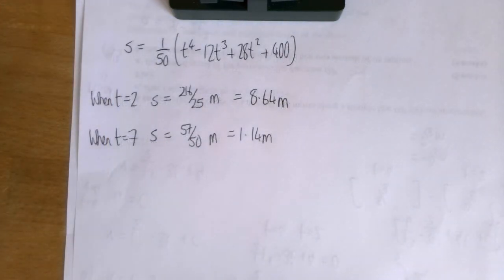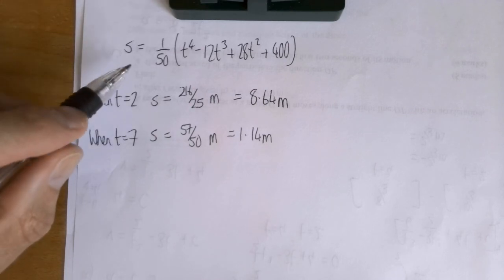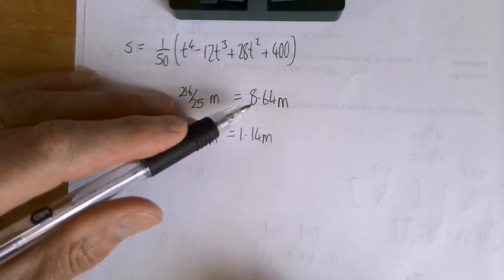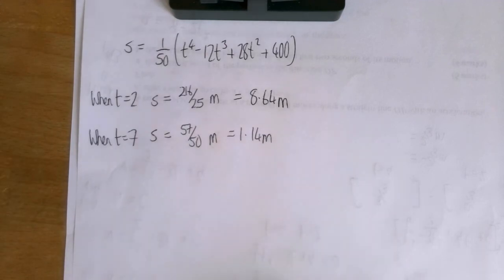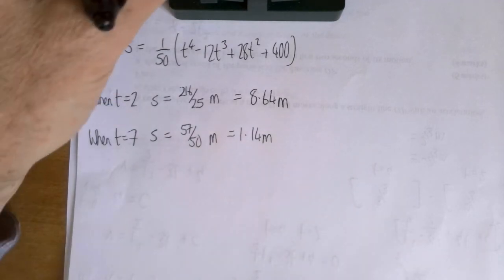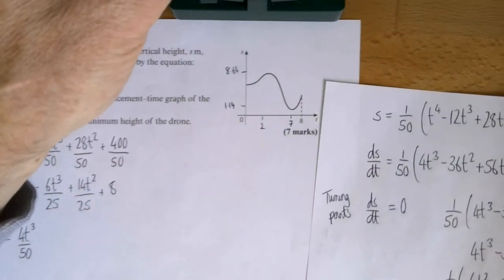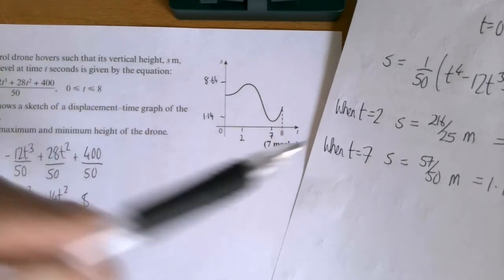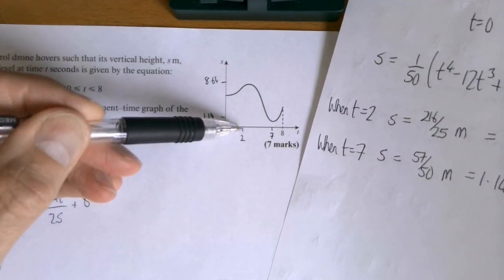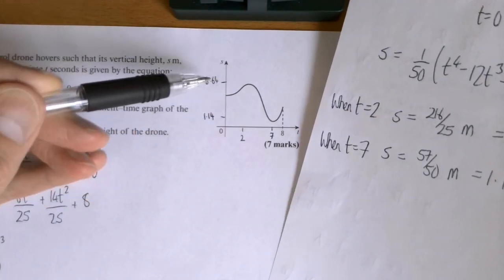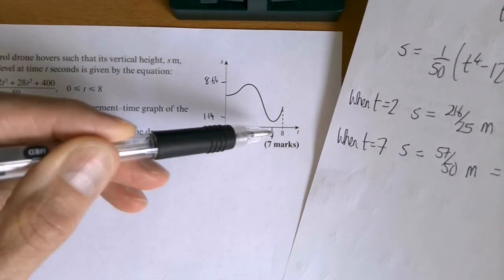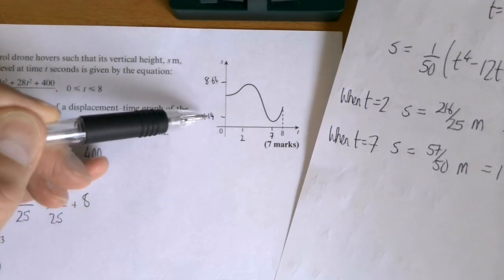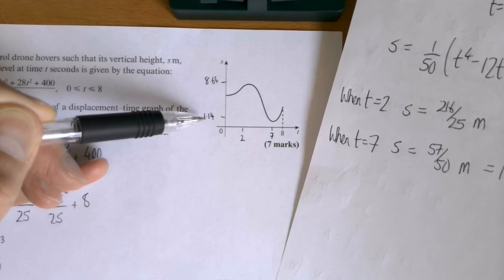Now you might think, do you know what? I'm just not happy that these numbers don't look nice enough. So I want to check on my calculator. We already know what the graph looks like because they give it to us in the question. So I can now use the answers I've got to the previous question to say, I reckon the maximum is when t is 2 and the displacement at that point is 8.64, and the minimum is when t is 7 and the displacement is 1.14.